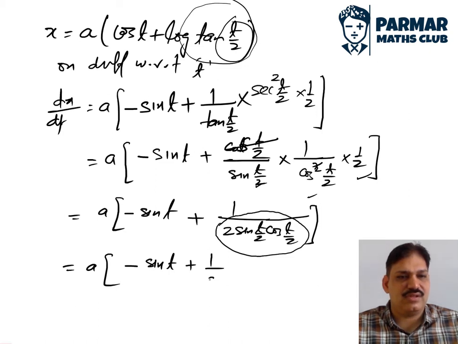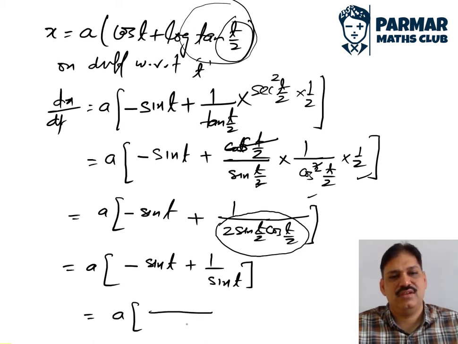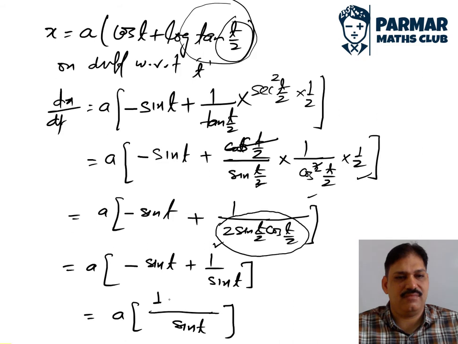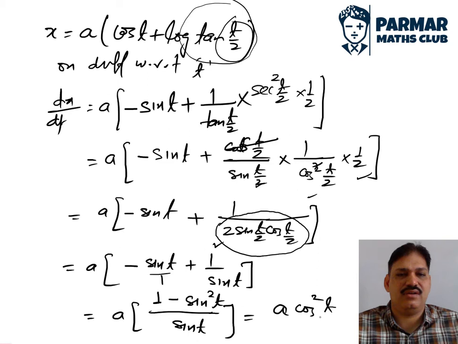So it will give us simply 1 upon sin t. Now on taking LCM, what we get is, if I take sin t as LCM and if I write this 1 first and then minus sin t upon 1, this will be minus sin square t. Okay, so this gives us a cos square t upon sin t.